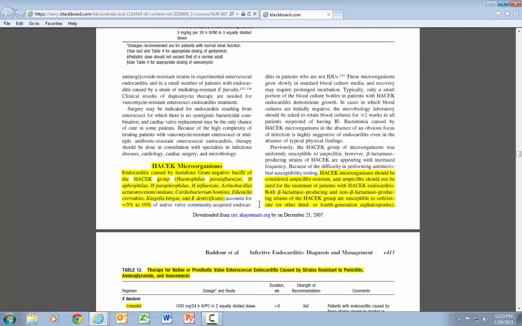Now, what about atypical microbial therapy? Atypical microorganisms such as Haemophilus, Acinetobacters, Haemophilus influenzae, and other types of Haemophilus.